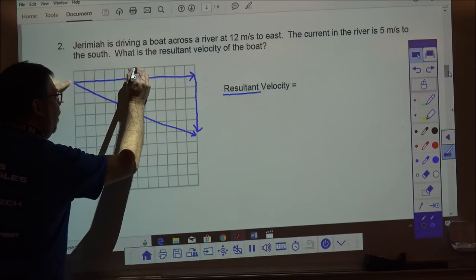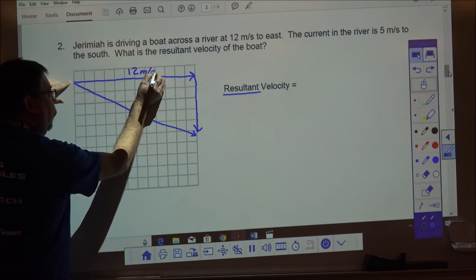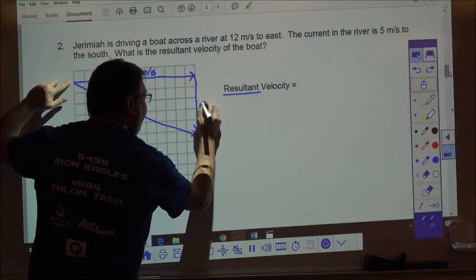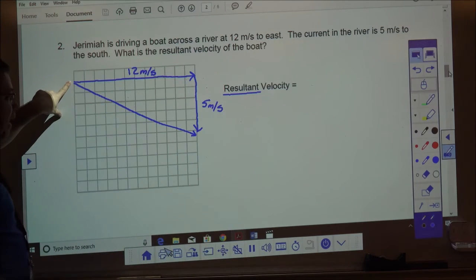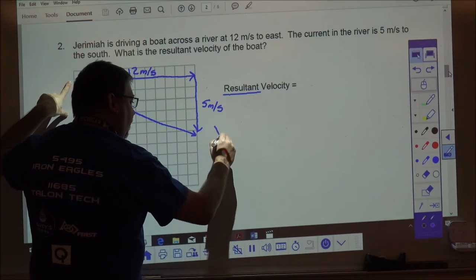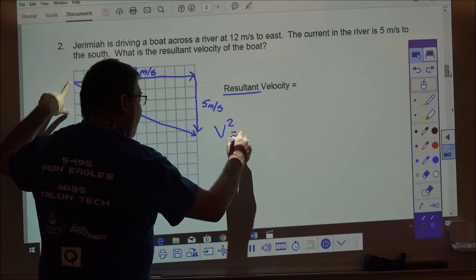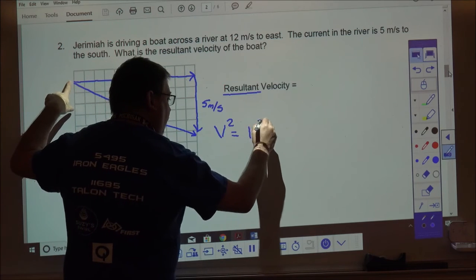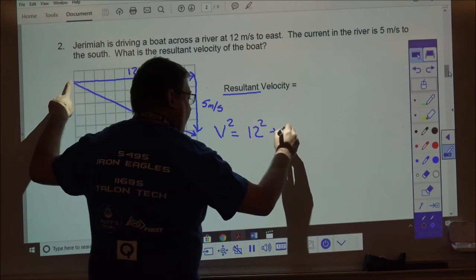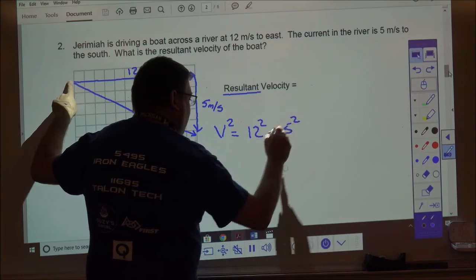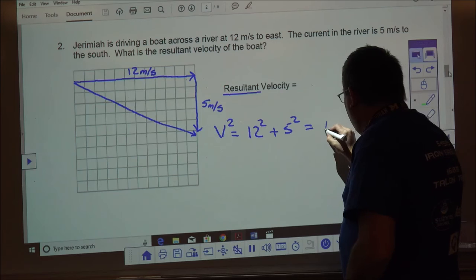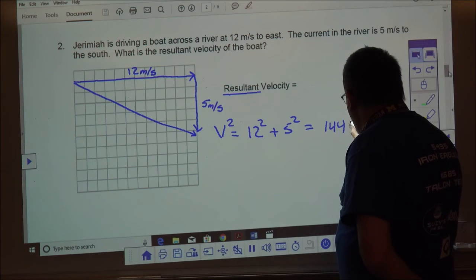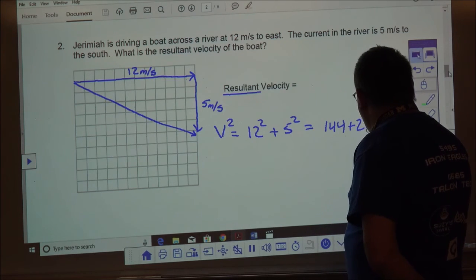All right. So we have 12 meters per second, 5 meters per second. So our velocity is going to be v squared is going to be 12 squared plus 5 squared, which is equal to 144 plus 25.